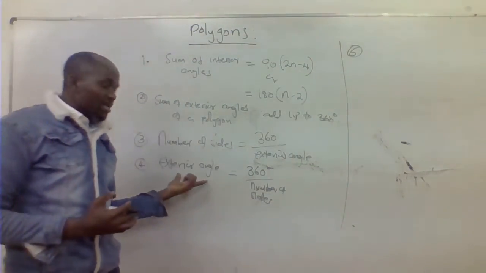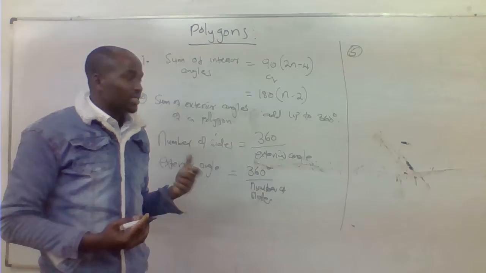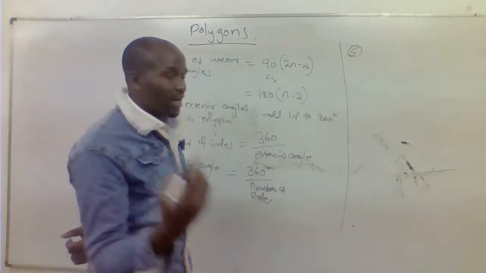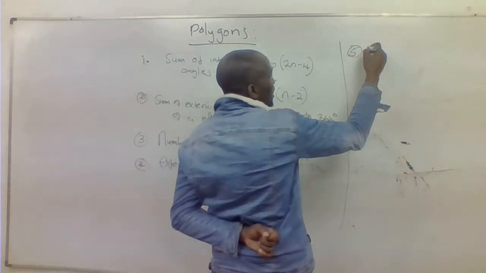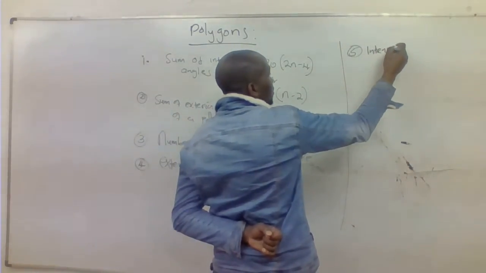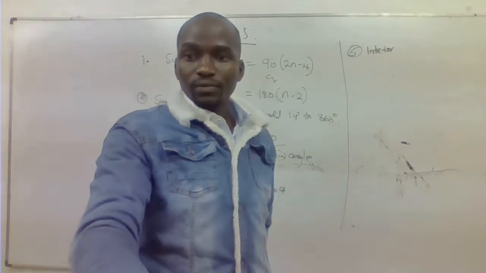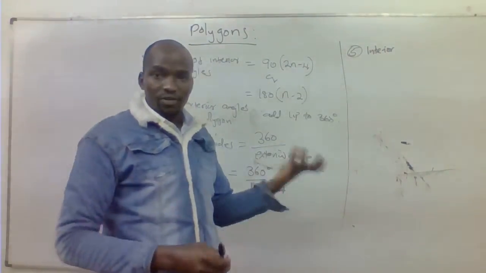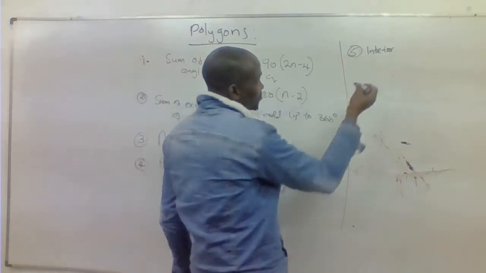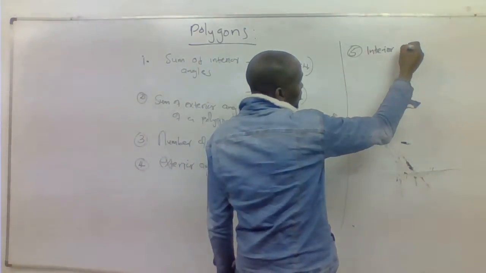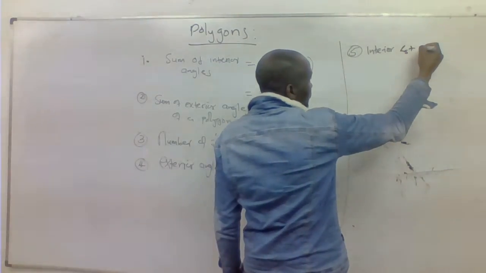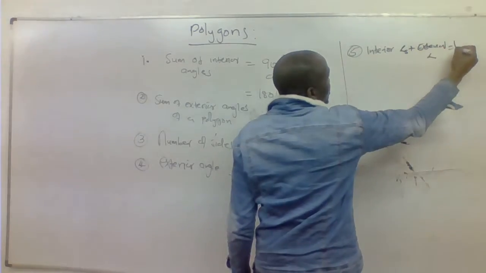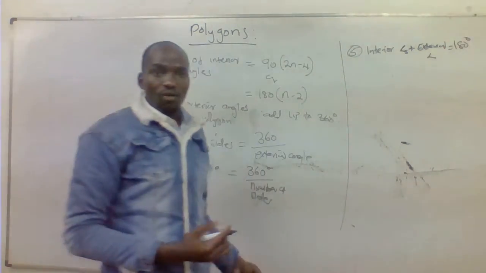The fifth point that you need to know is that the interior angle plus the exterior angle will always add up to 180 degrees.